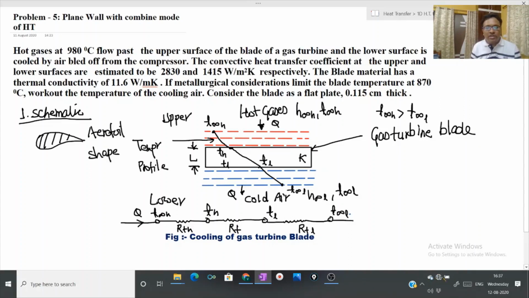And finally, heat will come out. So this will be the equivalent electrical circuit for this cooling of blade by cold air system.